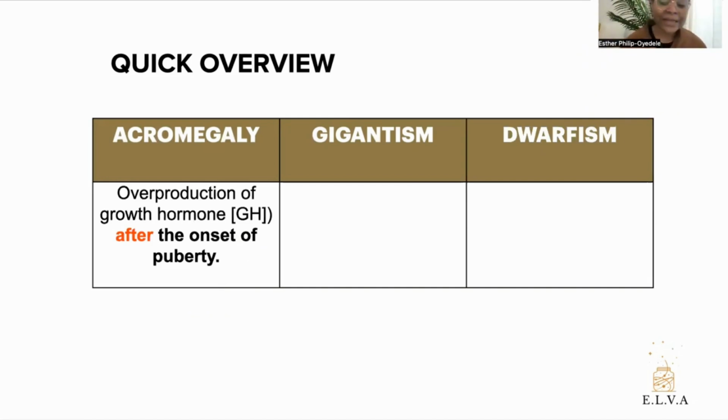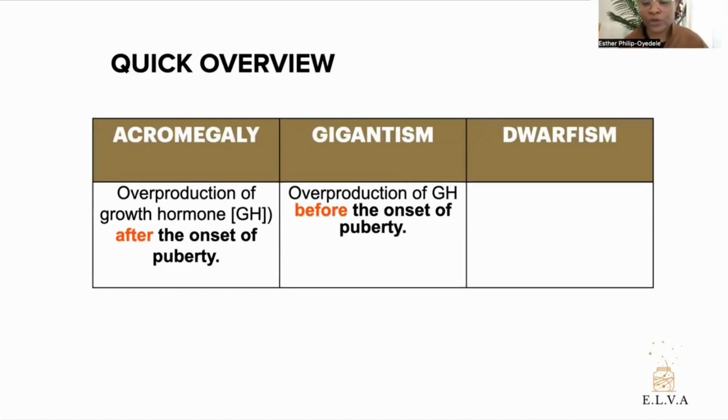We'll call it acromegaly. However, gigantism is overproduction of growth hormone before the onset of puberty. So this child hasn't even started puberty, and they're already bigger than kids within their age range. They're getting taller and bigger and bigger. And of course, puberty comes, they get even bigger.